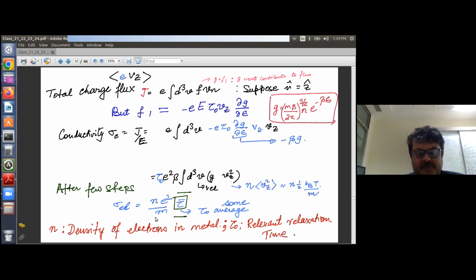So this is the so-called relaxation time approximation. Under the approximation, the charges are not interacting with each other. The effect of collision is to get back the system to equilibrium as quickly as possible, or in a time scale tau 0, a single relaxation time. The conductivity will be this. Now let's apply this.